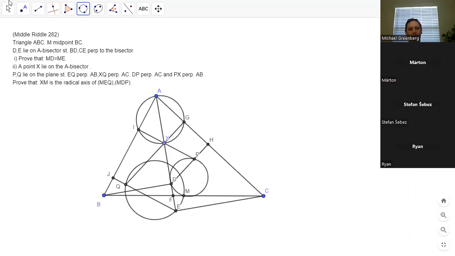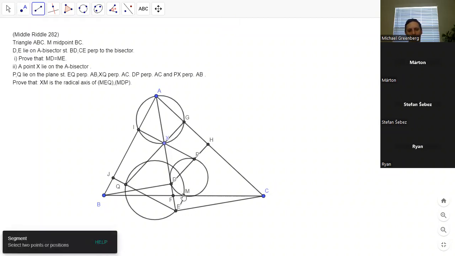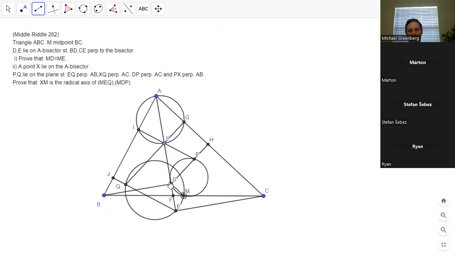I guess one way that we could do it is if we drop the perpendiculars to MD and ME. So the circle that you just mentioned, I'll try to draw it.